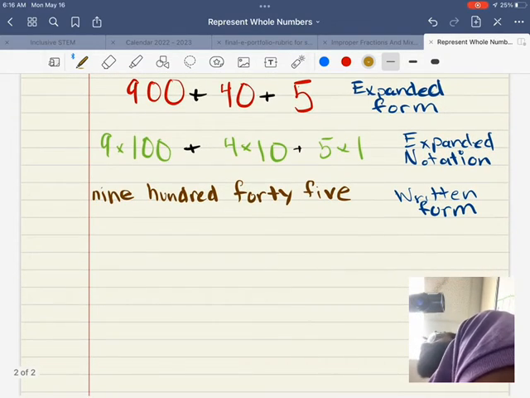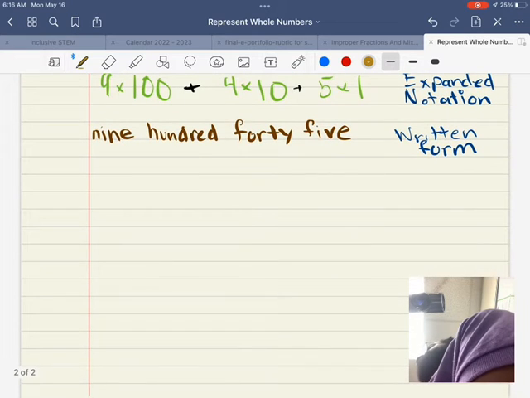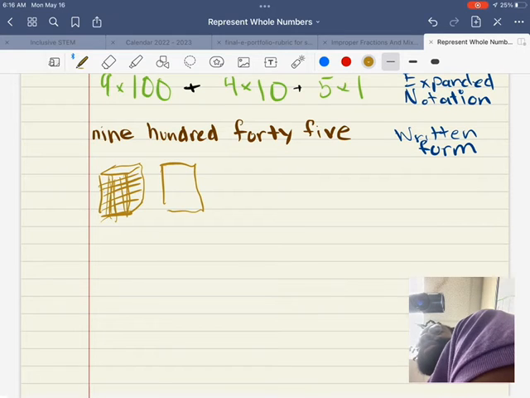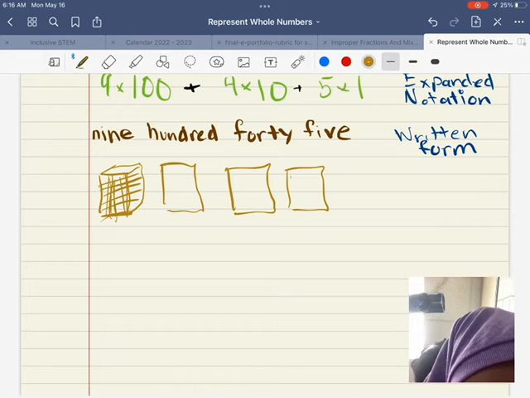And then the last form we're going to show is the pictorial model, when you actually draw it out. All right, I'm not going to take the time to draw these extra neat, but this is what we represent a hundreds cube. But yeah, it's not the most beautiful thing. So we need 9 of those because, again, remember, we got 900.